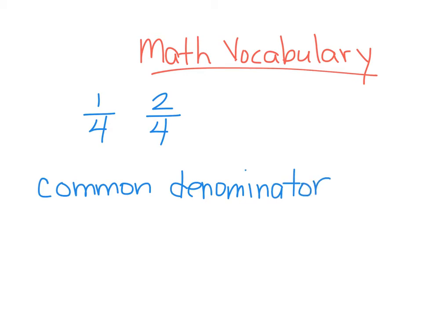So the common denominator in these two fractions is 4. Now turn to page 57 in your workbook and copy this down in your math vocabulary page. Pause this video until you're ready to continue.